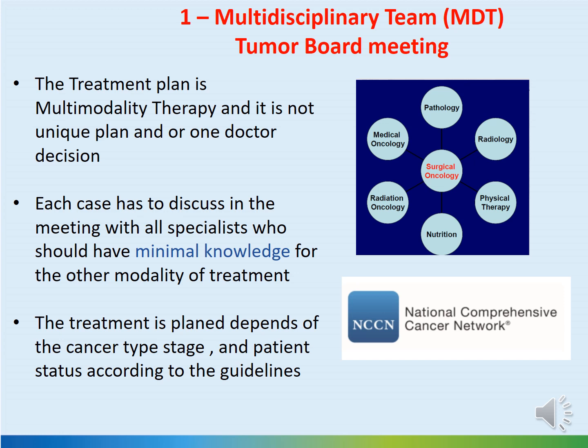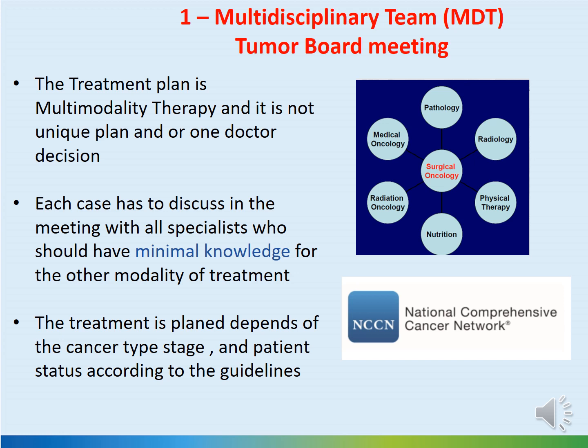This is very important, and each case has to be discussed in this meeting with all specialties, who should have minimal knowledge of the other treatment modalities. For example, I'm a surgeon. I have to know the types of chemotherapy and radiation therapy. I have to have some information about these other types of treatment for cancer.